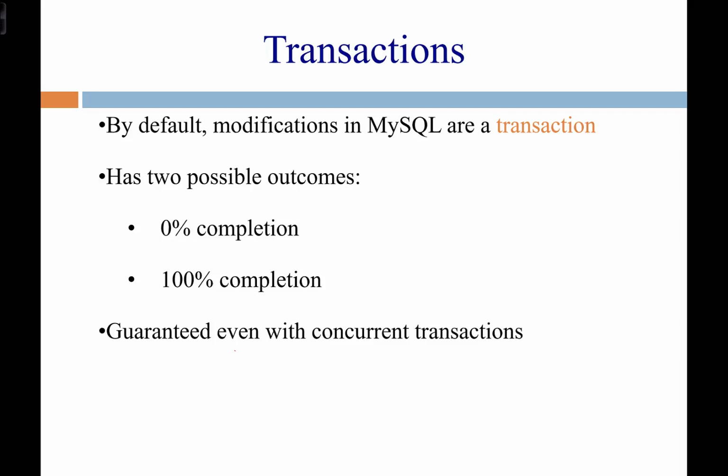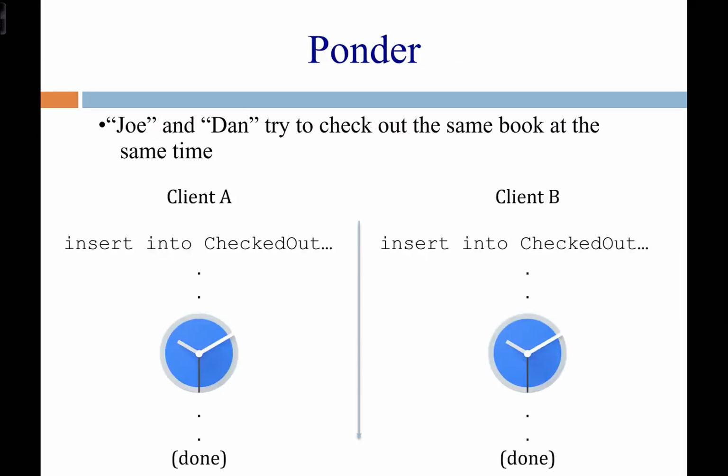And importantly, this property is guaranteed even with concurrent transactions that could potentially result in a race or where they're both trying to modify the same table in a conflicting way. So in our example here, one of these insert commands will completely succeed and insert a row into the checked out table, and one of them will completely fail.